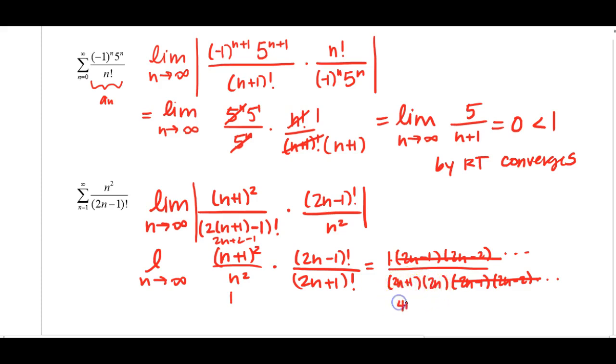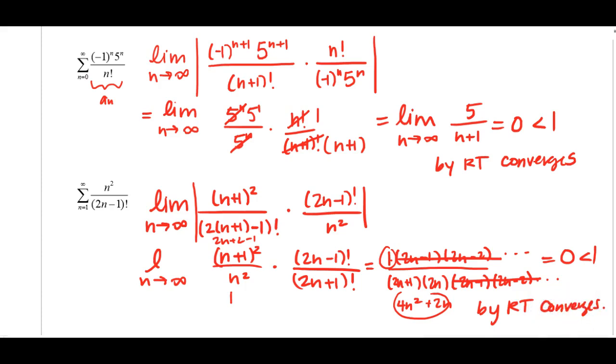So that's going to give me 4n squared plus 2n. So here, this is 1 over 4n squared plus 2n. What's going to happen is as n approaches infinity, this portion is going to 1, but 1 over 4n squared plus 2n is going to 0, so this whole limit equals 0, which is less than 1. So by the ratio test, this thing converges.